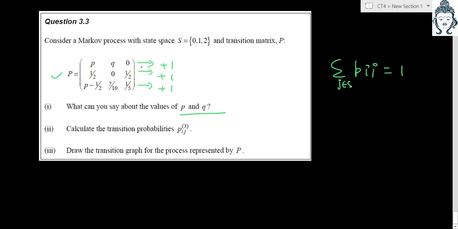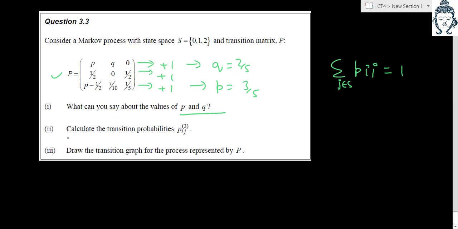So if you equate these three rows to 1, equating the first row and the third row will give you the values of p and q. From the third row you'll get p as 3 by 5, and then if you put that value in the first equation, that will give you q as 2 by 5. So these are the values for p and q.